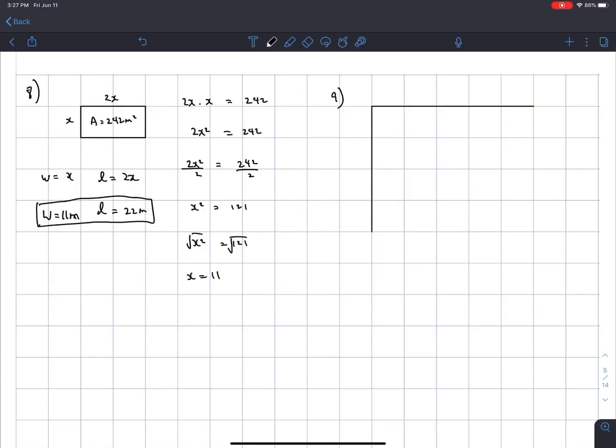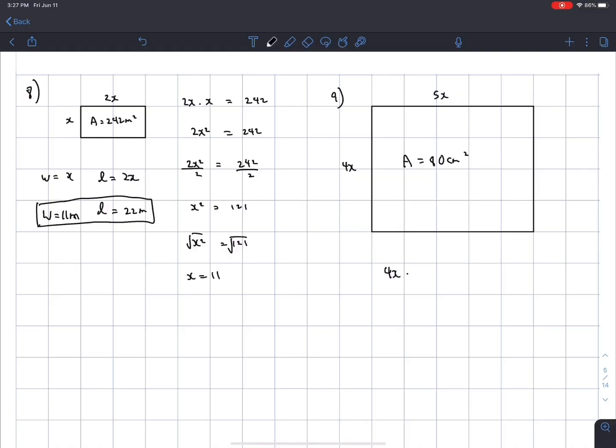So I can call this 4x and 5x, and the area is 80 centimeters squared.